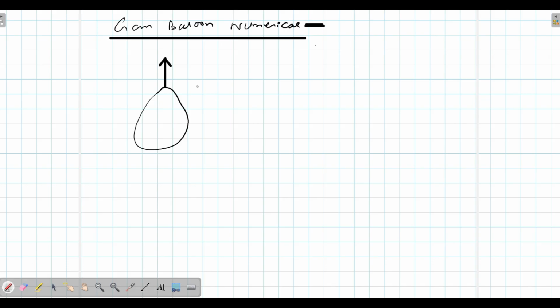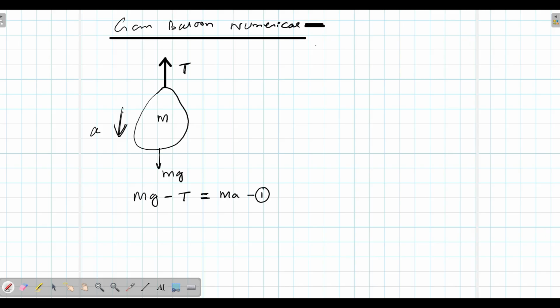M is the mass, weight is mg, T is the tension. Initially, the balloon moves in the downward direction. So we can write the equation Mg minus T equals Ma. That is the first equation.